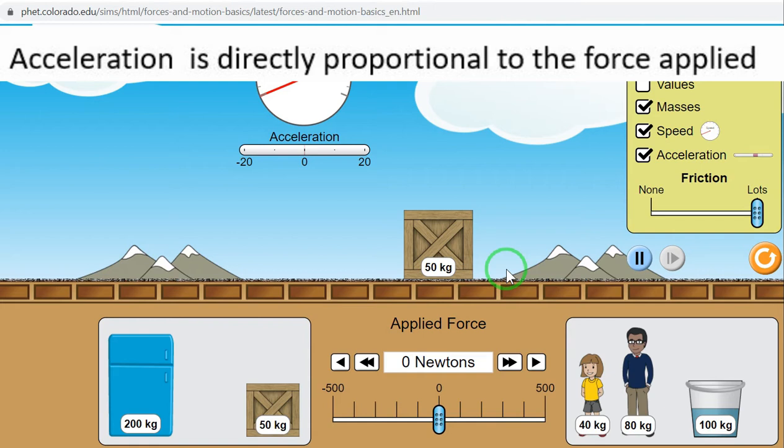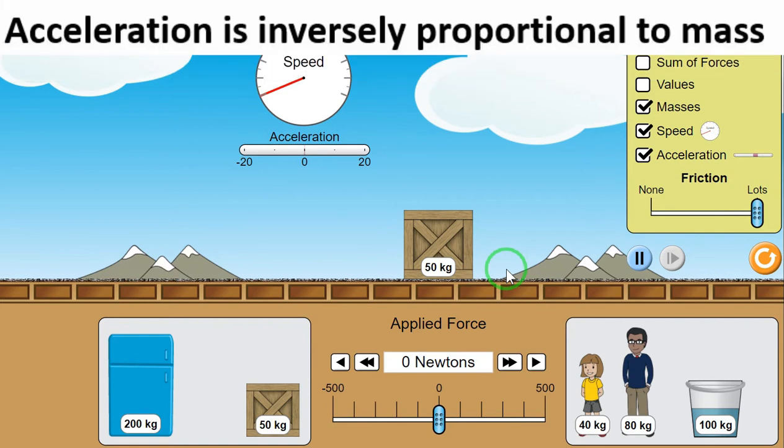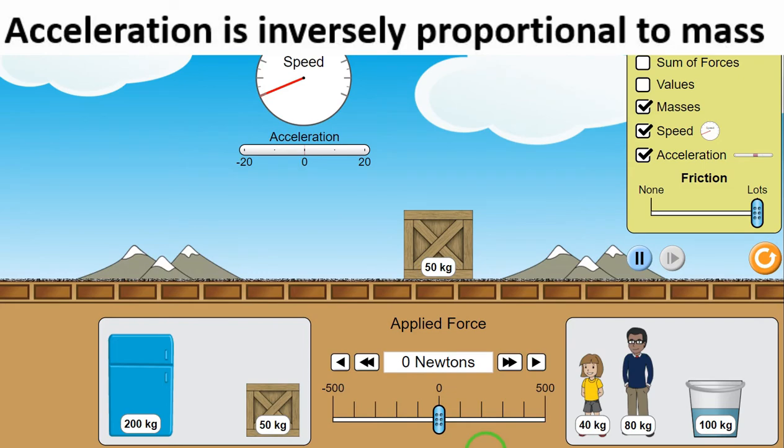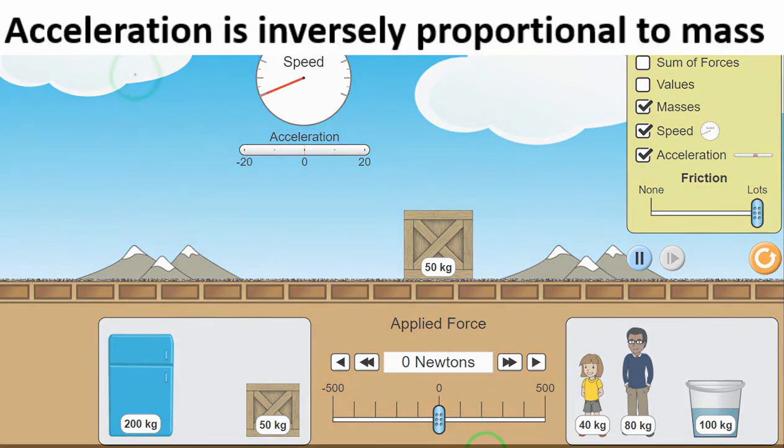That is the first point. And the second point is acceleration is inversely proportional to the mass. And what does it mean? As the force increases, we will have more acceleration, and as the mass increases, the acceleration will be less.